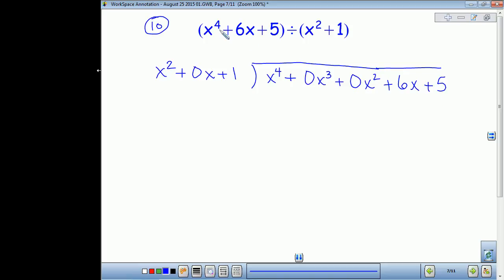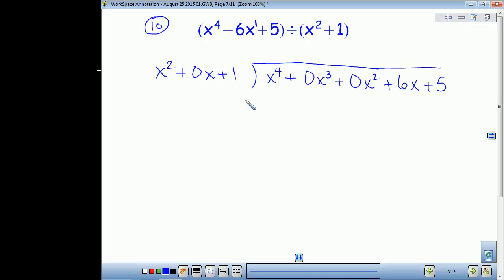Do you see that this dividend doesn't have a cubic or a quadratic? So I put in zeros for those. And the divisor didn't have a degree of 1 term, so I put in a 0 for that. Wait, I don't understand what you meant. Okay, this went from a 4th degree down to a 1st degree.